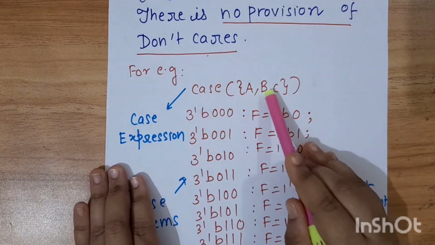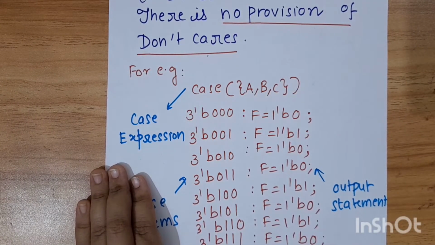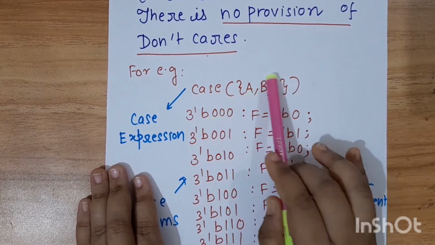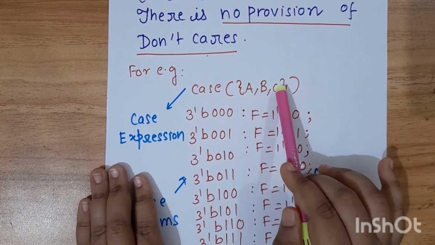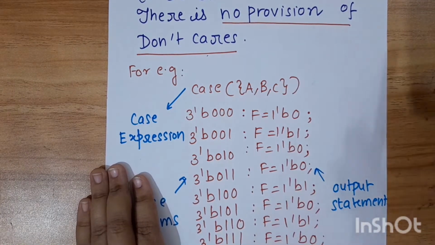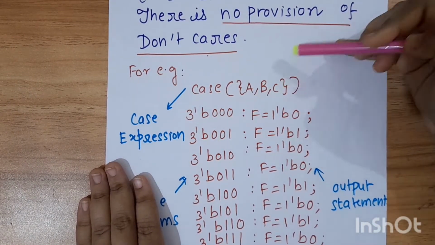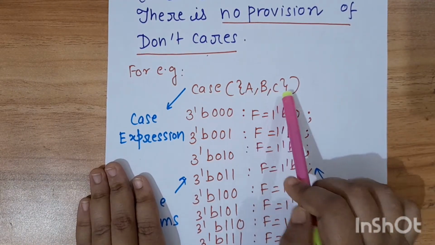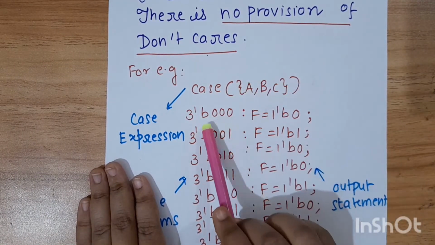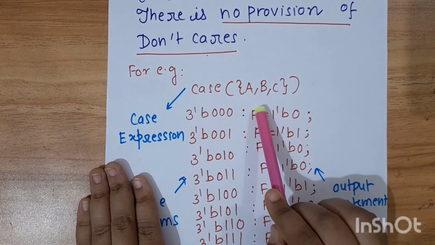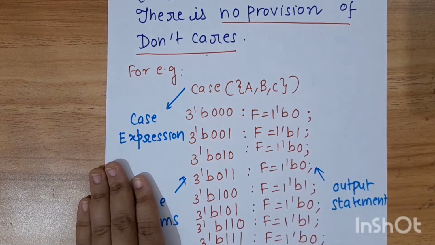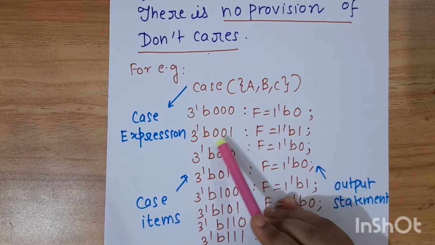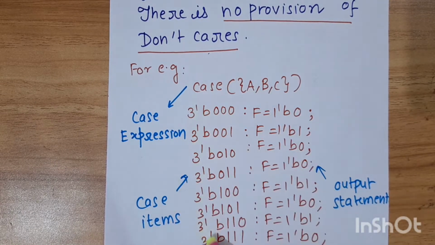So this ABC can together have the value from 000 to 111, a 3-bit, 8 combination. For different combinations of ABC, I have put an output value of F. These 3'b000, 3'b001 are called the case items.